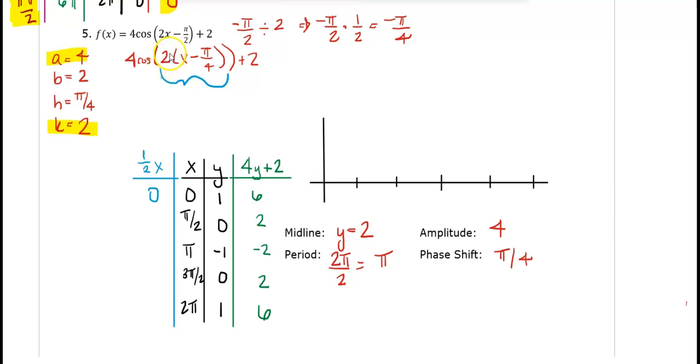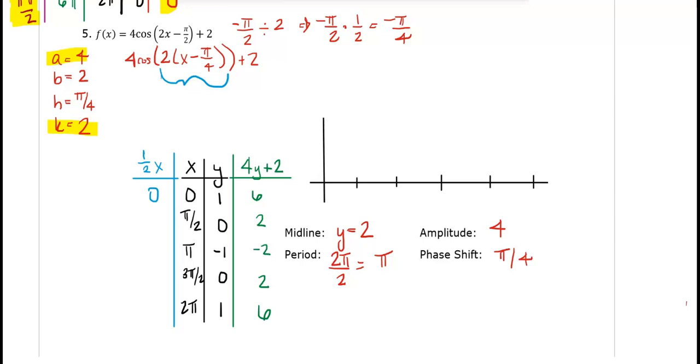The 2 out in front, remember everything that I have on the inside is going to be the opposite of what you see. So because I see it's being multiplied by 2, what I could also say is that it's going to be a horizontal compression. It's going to make it smaller. I'm not multiplying by 2, I multiply by 1/2. And so that's exactly what we're going to do here.